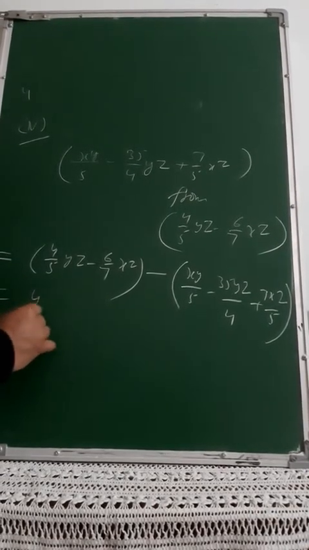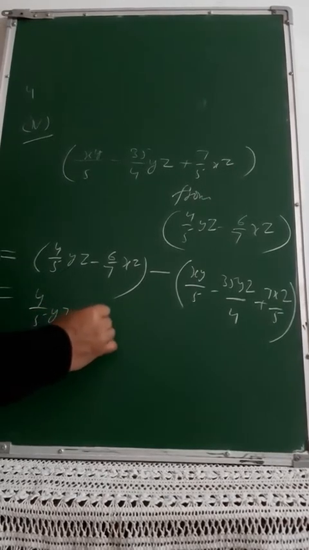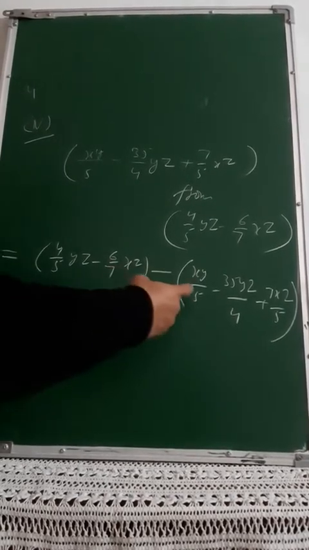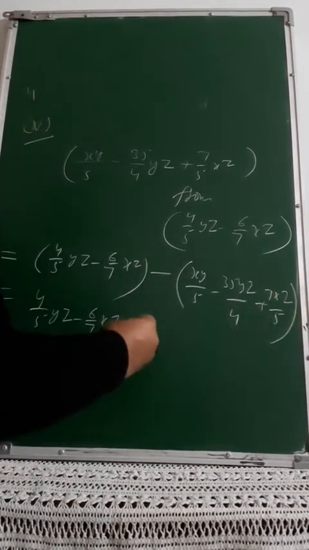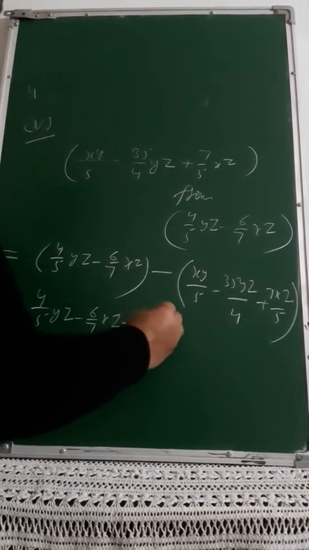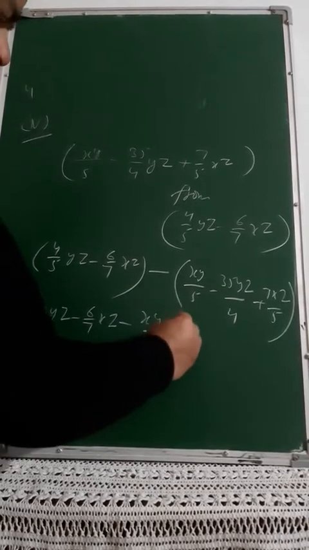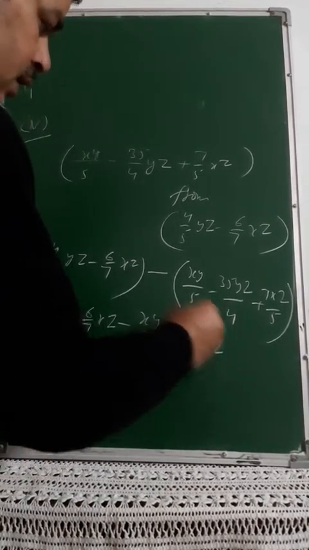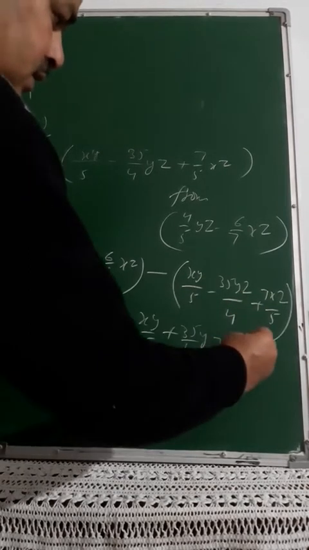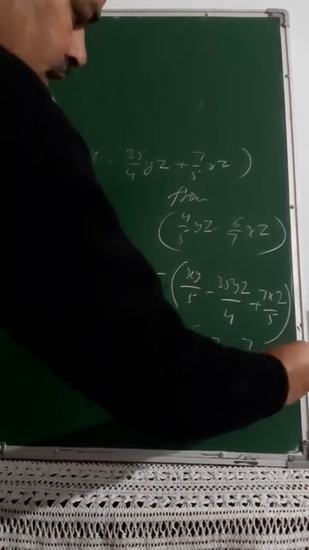So 4 upon 5 yz minus 6 upon 7 xz. As you know, when a minus sign is there outside the bracket, you need to change the sign of the remaining ones. So minus xy upon 5, this minus will change to plus 35 upon 4 yz, and this plus will change to minus 7 upon 5 xz.